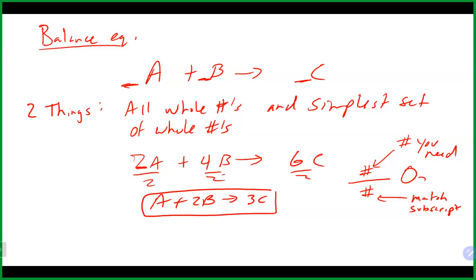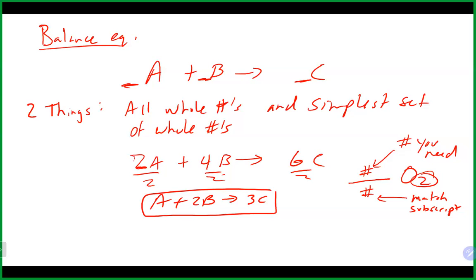For example, if this was O2, it would match that 2 that is there to balance it out. So that's how you could pick the right fraction. You do need to clear it at the end so that you end up with all whole numbers. You can't leave the fraction or have a decimal point. It's got to be all whole numbers.